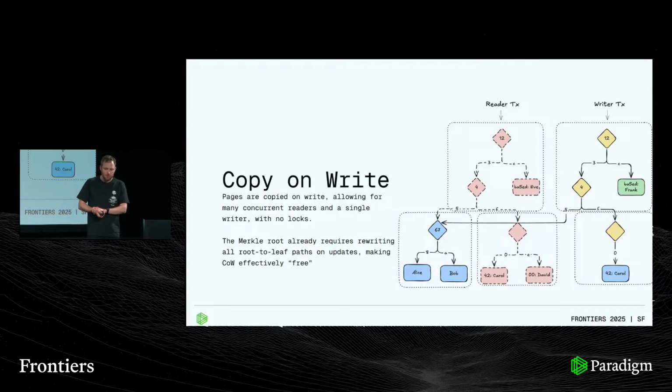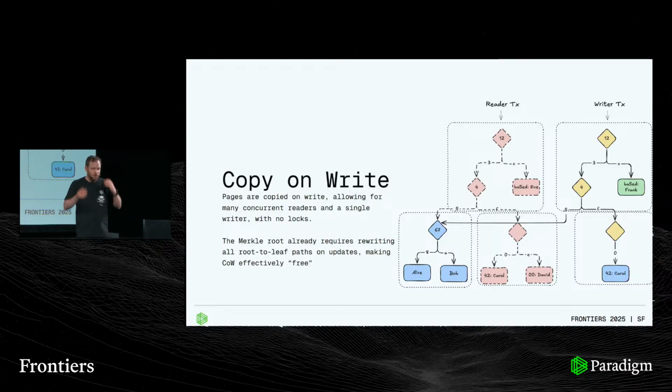And we use a copy on write structure, very inspired by LMDB or MDBX. Pages are cloned as you write to them. You have to write to everything along the path anyway, as we said from the Merkle tree. And you have to write full pages because of the constraints of the disk. So this is a pretty low overhead solution. And what this gets you is the ability to have many concurrent readers and a single writer.